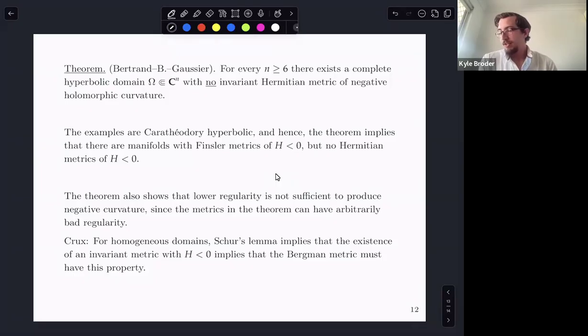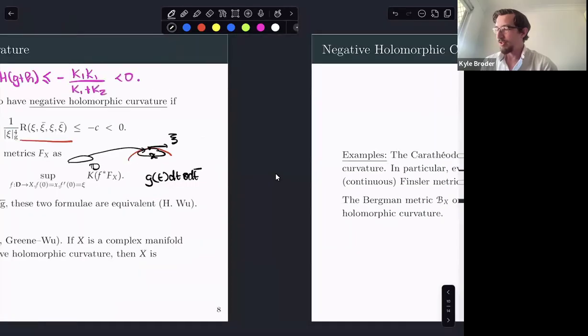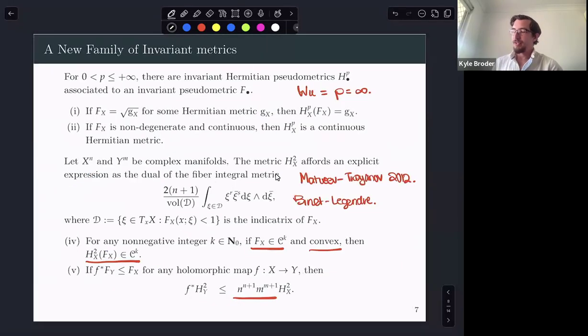So the idea is actually quite simple, but you have to ask the right type of questions. If I go back a moment, we were looking at this Binet-Legendre metric, and we computed the curvature of such a metric, and it turns out to be pretty bad. It turns out to be extremely complicated when you compute the two base derivatives of this fiber integral metric.